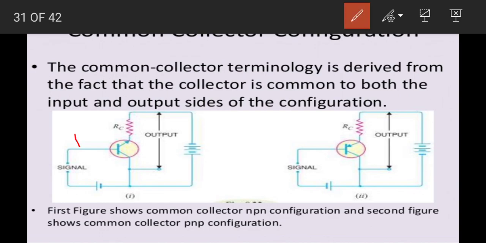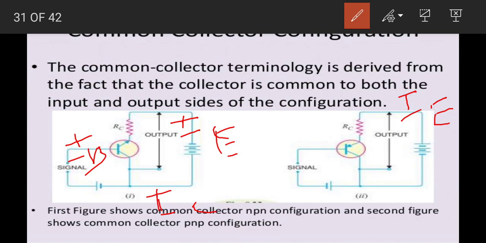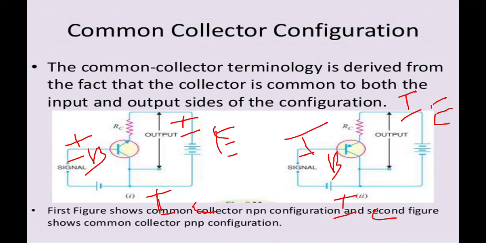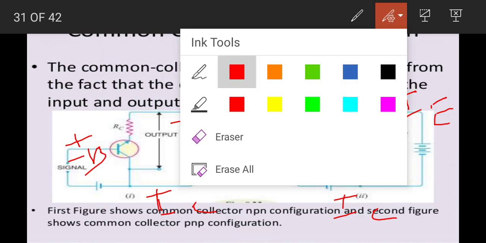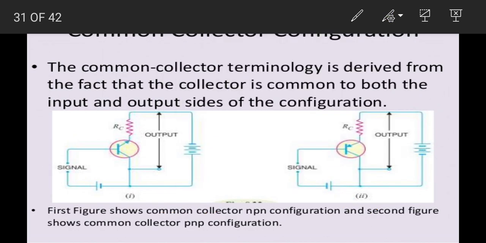These are the IB current, the IC current and the IE current. In here also, these are the IE current, the IC current and the IB current.